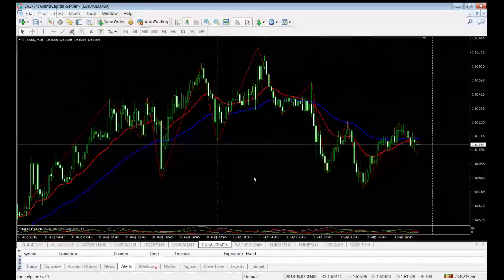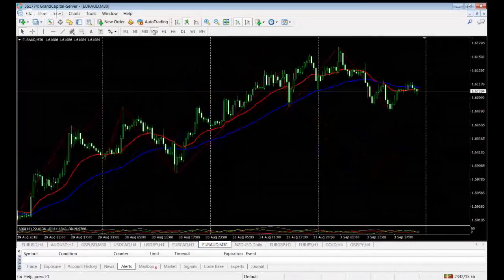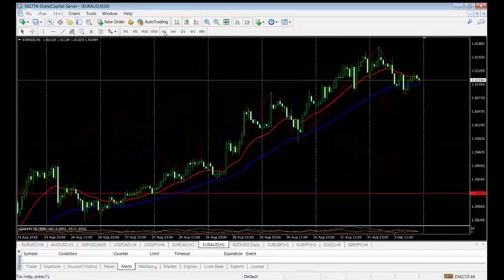So you can see, now this one gives us a little bit clearer picture. That's the reason that you should use a little bit higher moving average. You can see this one acted here as a support on the 50.